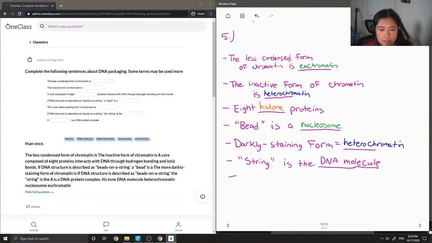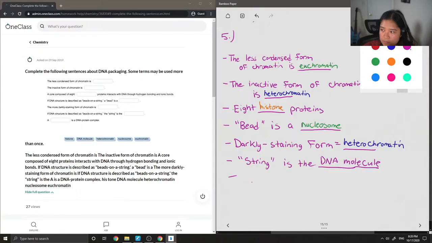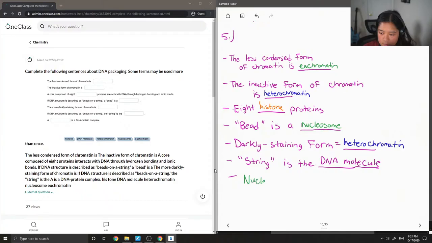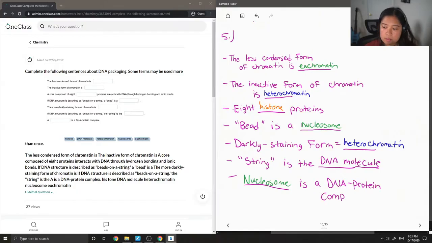And then lastly, a blank is a DNA protein complex, a nucleosome. So a nucleosome is a DNA protein complex.